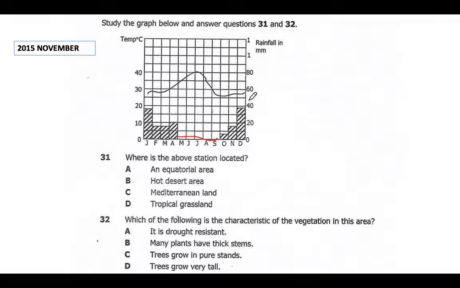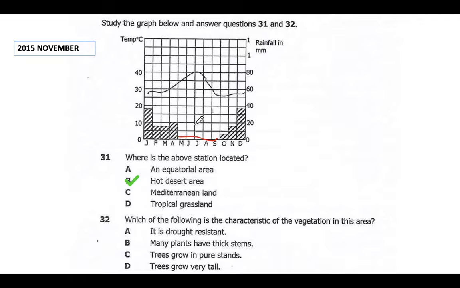So what is important is to know the strip of the line, and when the temperature increases, the rainfall patterns. So this particular station is for the hot desert. If they ask where the above station is located, it is in the hot desert, because the characteristics here are of a desert.